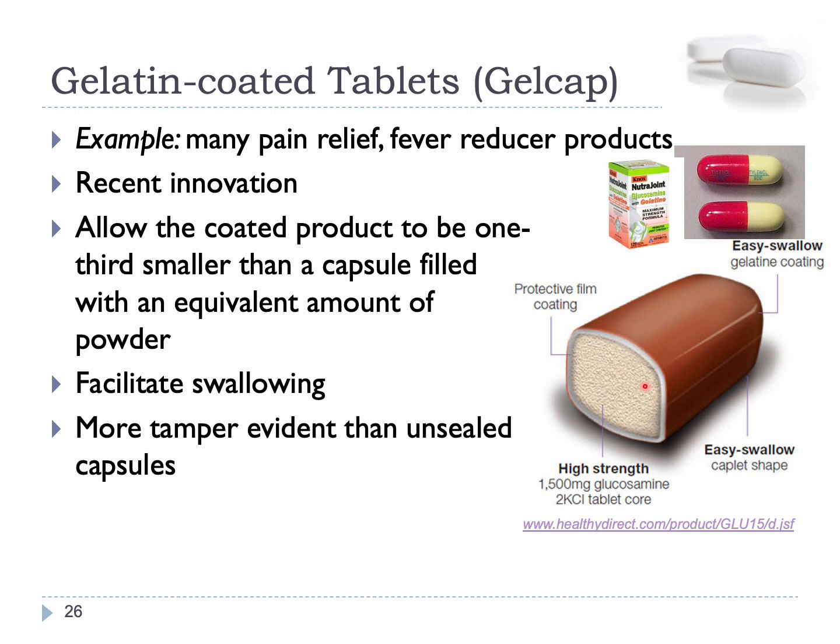Compared with the other tablets, it's easy to swallow, and compared with a capsule, it provides more tamper evidence than an unsealed capsule. And with these kinds of tablets, you can also fit a large amount of powder compared with a capsule.